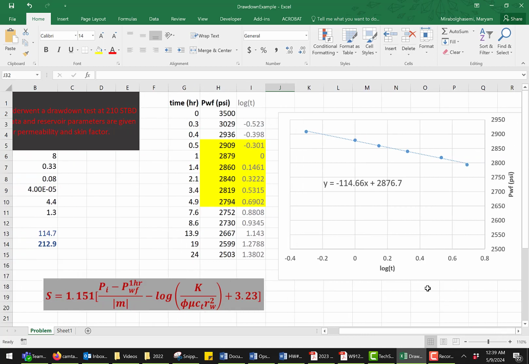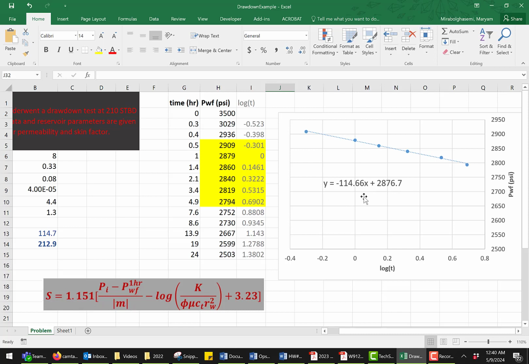The way we do it is on the x-axis we have log of t. So at 1 hour, log of t is 0, right? And we need to find from this graph what the bottom hole flowing pressure is when log of t is 0. So we do have the formula for this line.